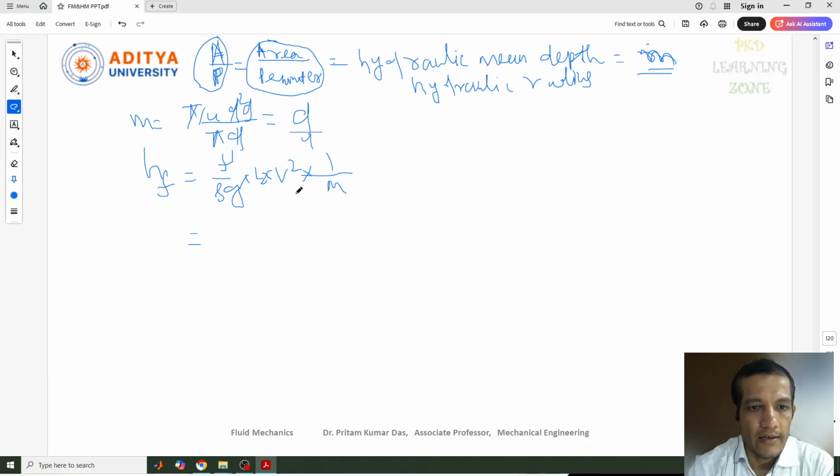Now again, we can write the same thing in this way. Let us take the velocity to one side. So this velocity square, let us take to one side, and the remaining terms to the other side.